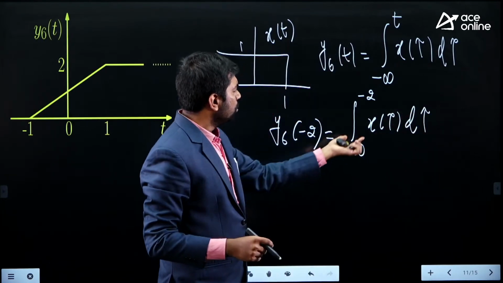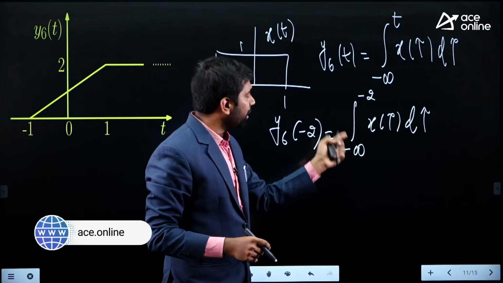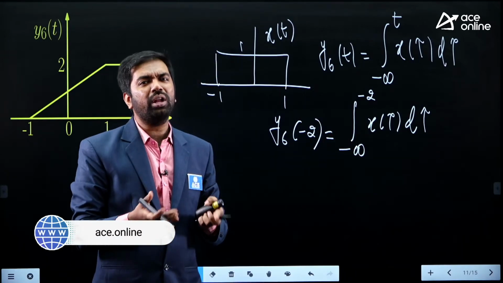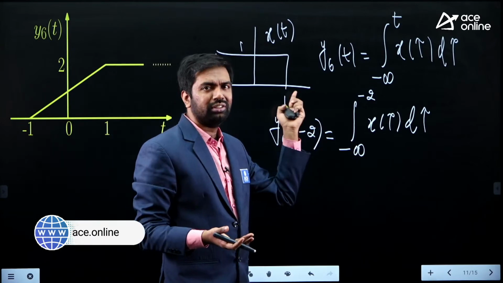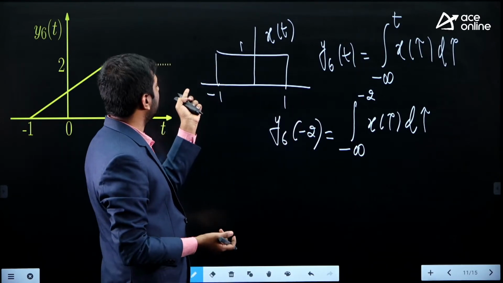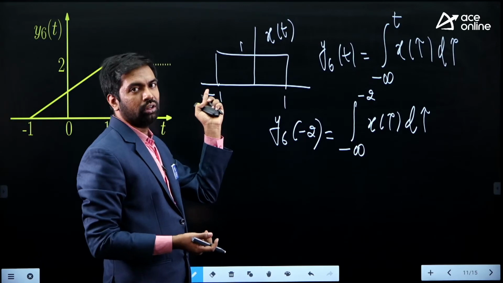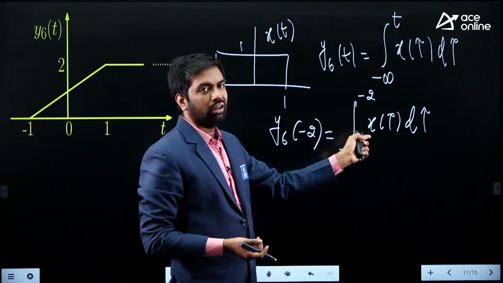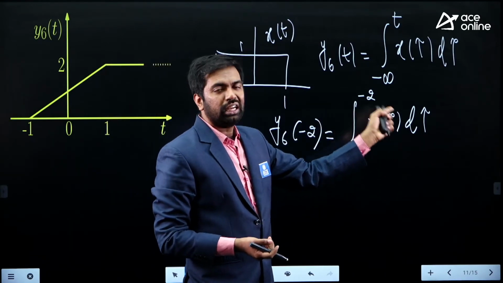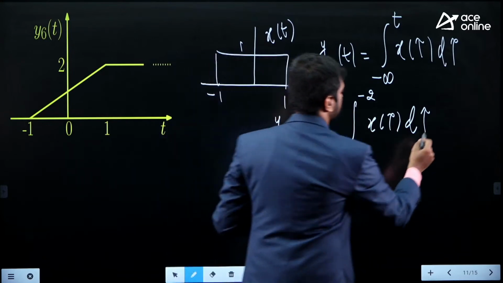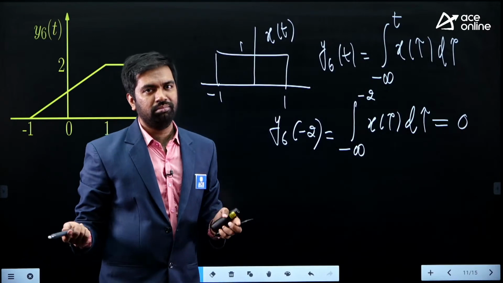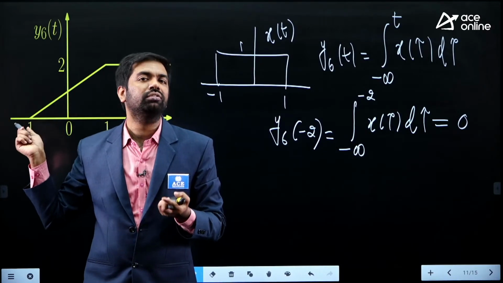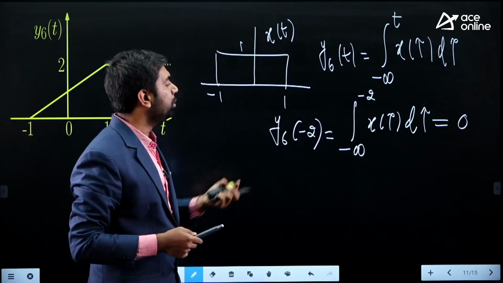What is x of tau in this interval? It's 0. Look at x of t, x of t or x of tau, the same waveform. There is no signal. It is from minus 1 to 1. So there is no signal in this interval, so obviously the integral is 0. I already said from this graph that y6 of minus 2 is 0. So there is no doubt in this.